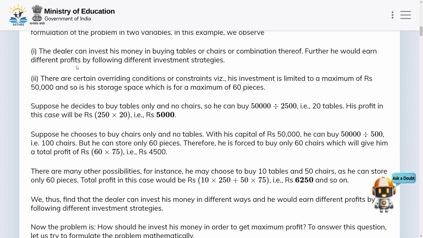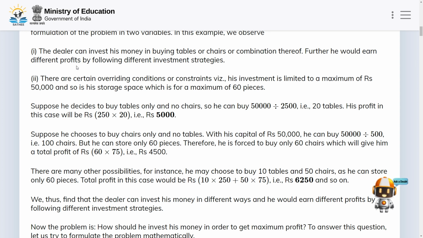Suppose he decides to buy tables only and no chairs, so how many tables can he buy? As you can see, only 20 tables, as each table costs him 2,500 rupees.